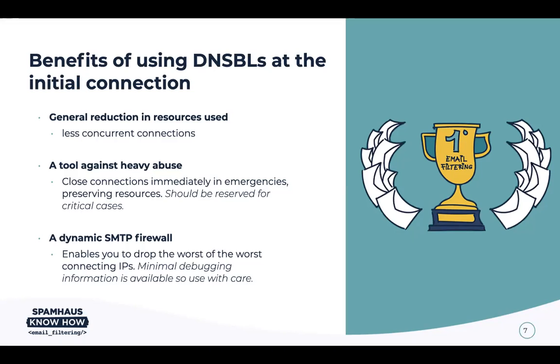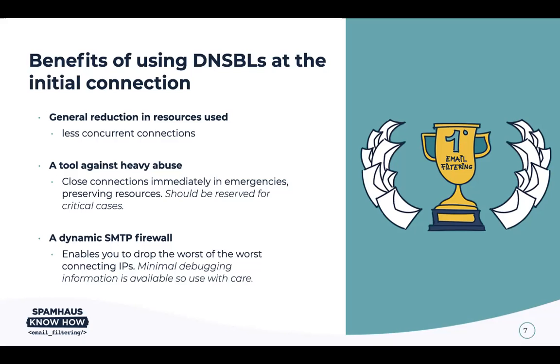However, be careful, because if you drop things by looking just at an IP, you are denying yourself a whole bunch of information that could be useful for other cases. So there is a limit in the amount of logging information that you'll receive this way.